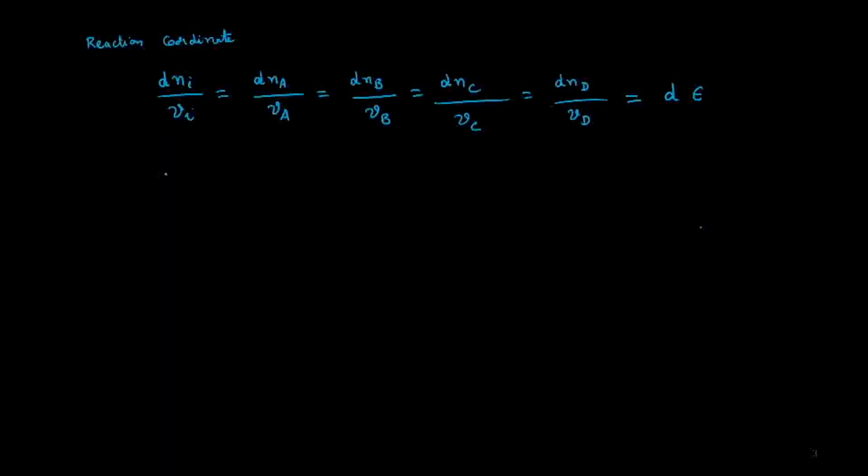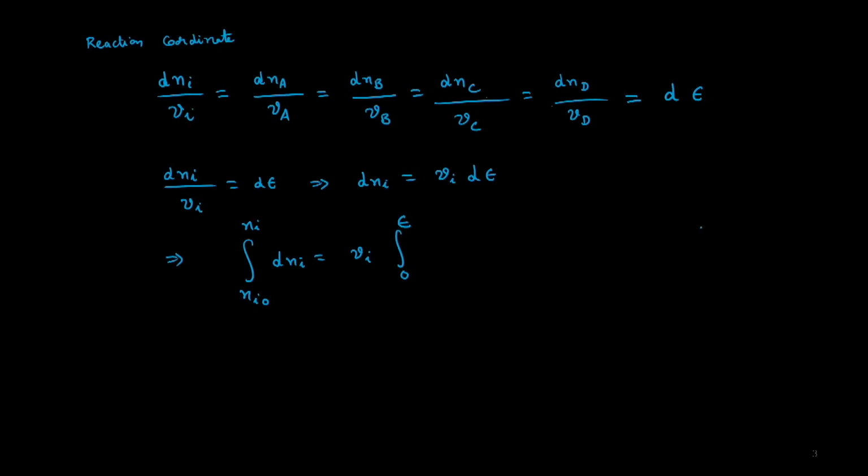For example, since for any species I, dNi by nu I is d epsilon, what I can do is integrate this particular expression. If I integrate it from the initial condition of Ni naught, that's the initial number of moles, to the final number of moles, let's say Ni, dNi is going to be nu I, that's a constant, times the integral from 0 to how far the reaction has proceeded.